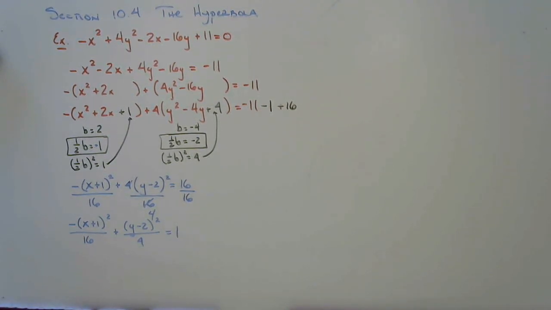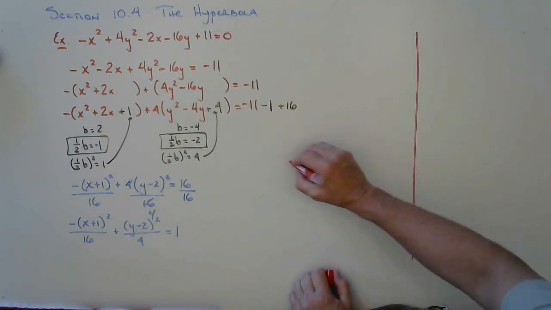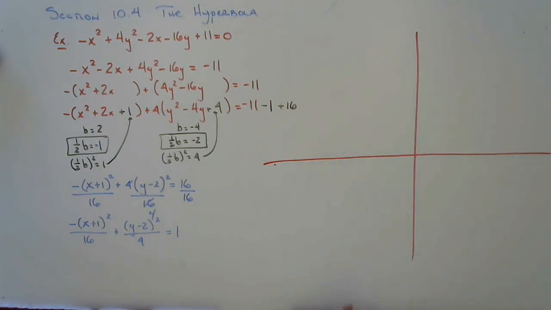There's the equation of my hyperbola. Now I can start doing all my work. Now I can start thinking to myself, which way does it open? What's my graph going to look like? Right? I can graph my hyperbola, because if I graph it, I'm going to be able to find all my parts and pieces.